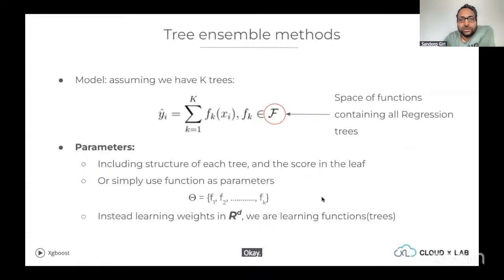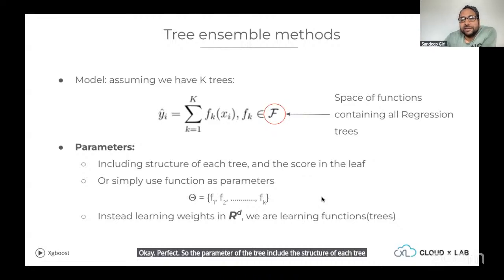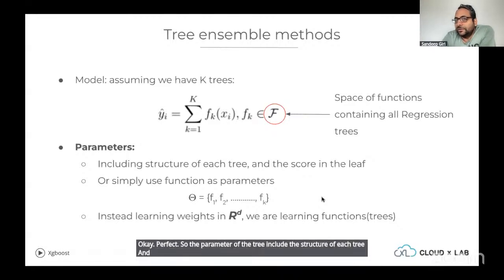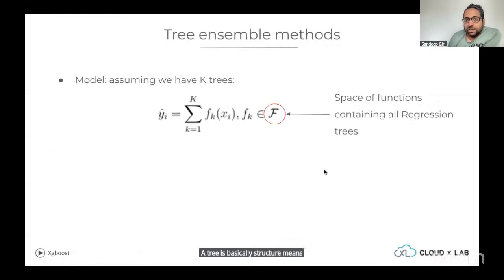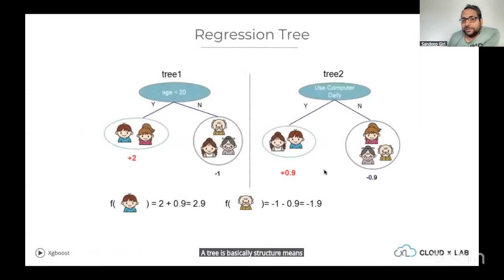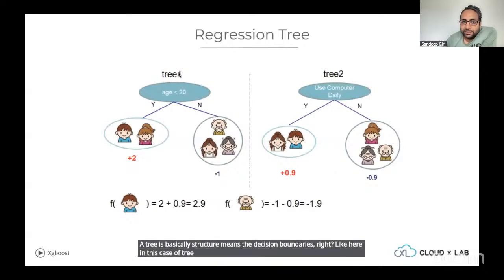Perfect. So the parameters of the tree include the structure of each tree and the score in the leaf, right? A tree's structure means the decision boundaries. In this case, tree one has the first decision boundary as age less than 20.